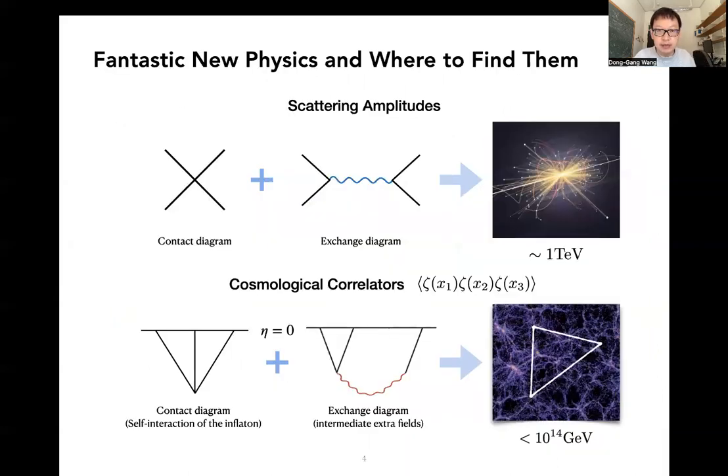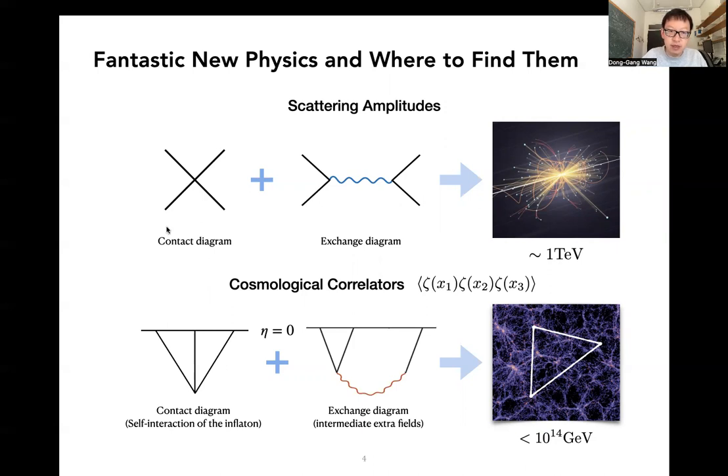The motivation behind it is that we want to detect some new physics at very high energy scales. The traditional way to do so is to build large particle colliders, and then we could use quantum field theory to study all the possible contributions to the collider experiments. There are two types of Feynman diagrams, two types of interactions, that would contribute.